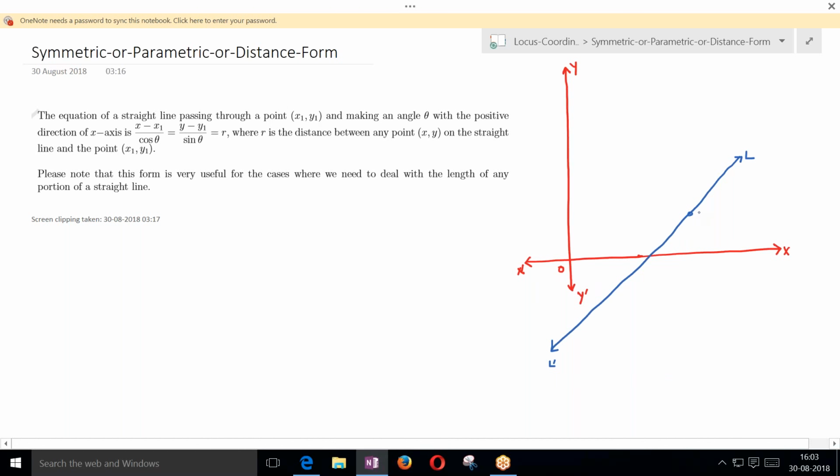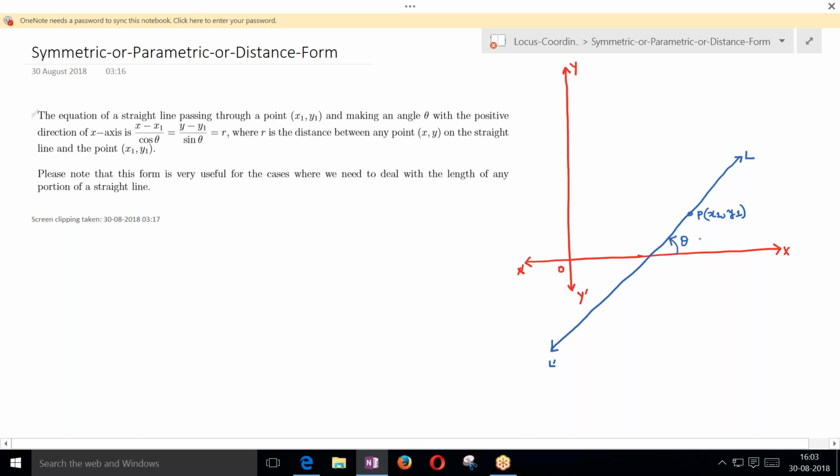This is the fixed point. Suppose we consider the fixed point P, and it is x1 comma y1, and it makes an angle theta with the positive direction of x-axis. That means this angle is theta.